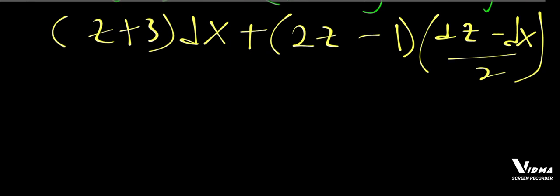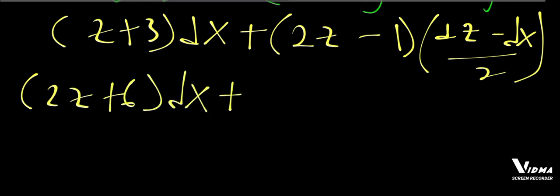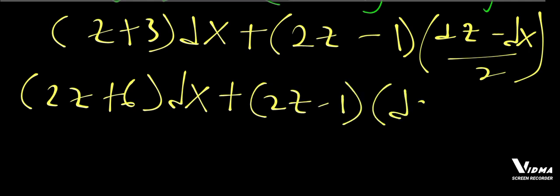Then we try to solve it. So I'm trying to eliminate the fraction, so I'll multiply through by 2. So multiplying through by 2, I'm going to get (2z plus 6) dx plus (2z minus 1) times (dz minus dx) being equal to 0.